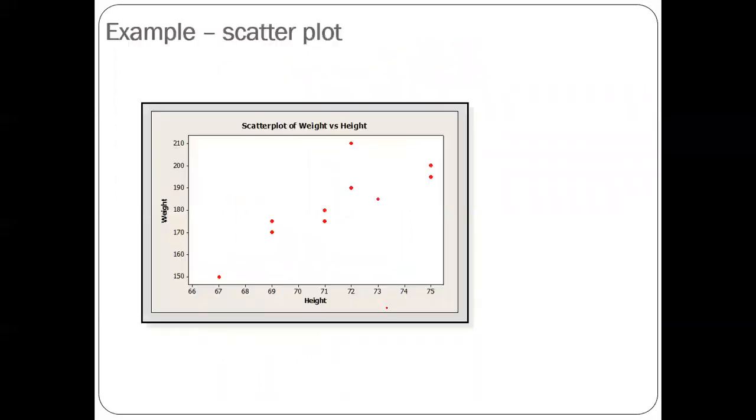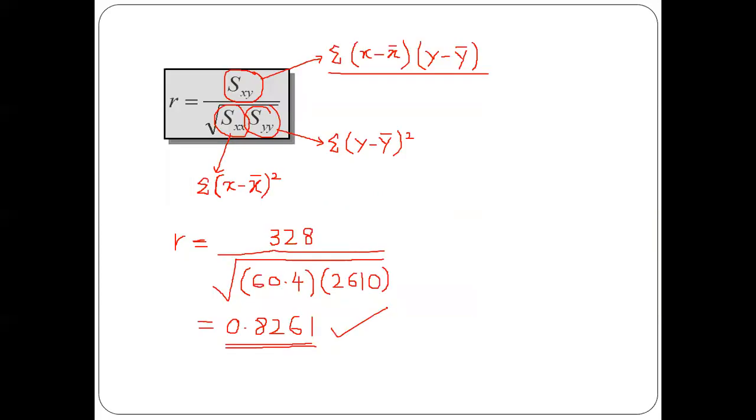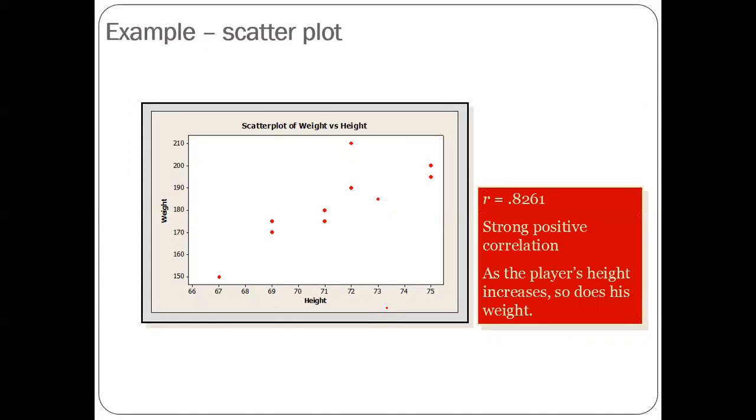If you run it in, for example, SPSS analysis software, you will see the plot of the distributions. 0.8261 is considered a strong positive correlation because the distribution is quite close to each other.